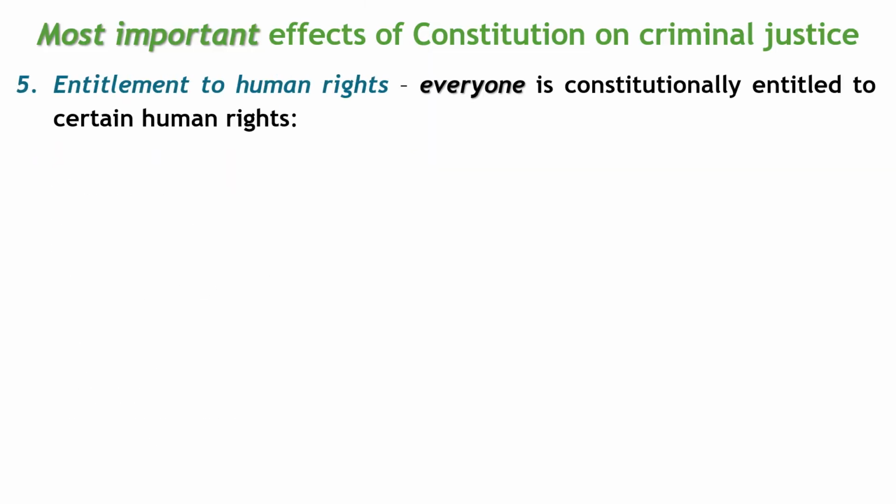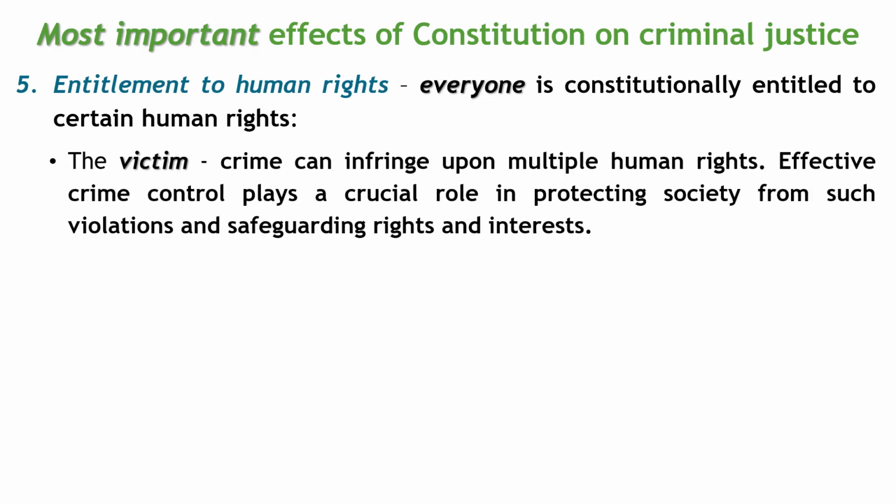Fifth, we look at what the effect of the entitlement to human rights has had on the criminal justice system. We've already mentioned that everyone is constitutionally entitled to certain human rights, everyone. On the one hand, that means for a victim who is entitled to these rights, when they become the victim of an offense, that infringes on their human rights, which they have the right to protection of.